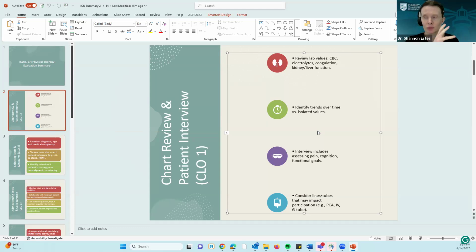Maybe their troponins are trending up. Well, that's kind of concerning because does that mean that they're actively having a heart event or they had one and this is the aftermath? I don't know. It's not my call, but I'm going to look at that and say, hey, I'm concerned about this. What's going on?